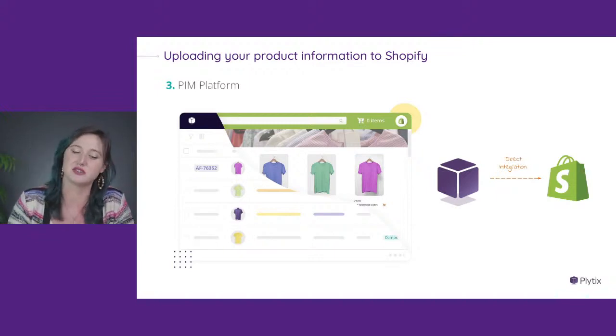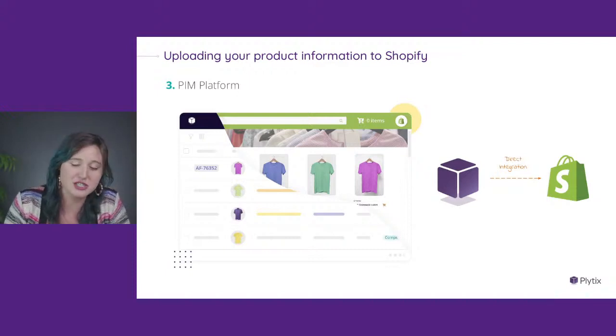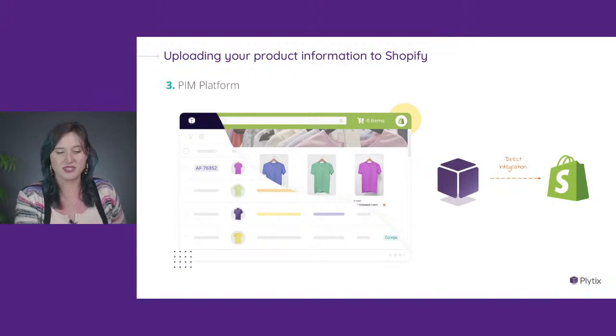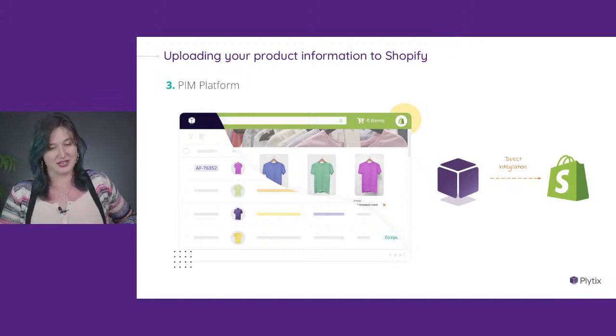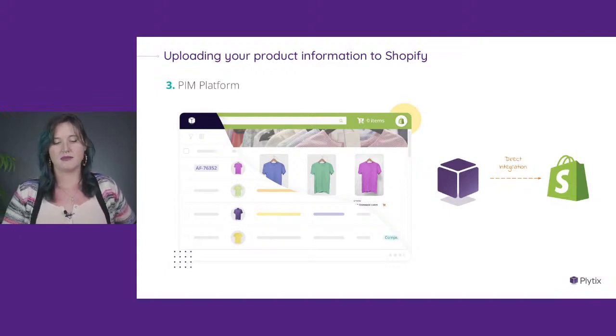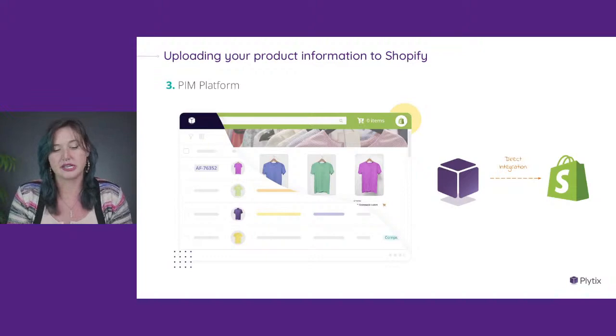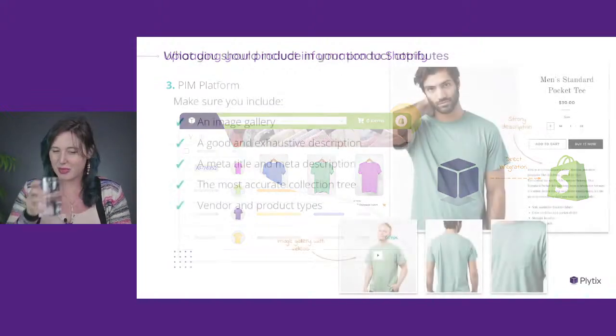This means that you can store your product information, images, videos, and whatever assets you might have, update it once it's in the PIM, and have it sent automatically with the scheduled updates that you prefer. I just want to note that this is the best option, especially if you have multiple Shopify stores or if you sell on different channels. It keeps your data consistent and it can automate most of your product-related tasks.